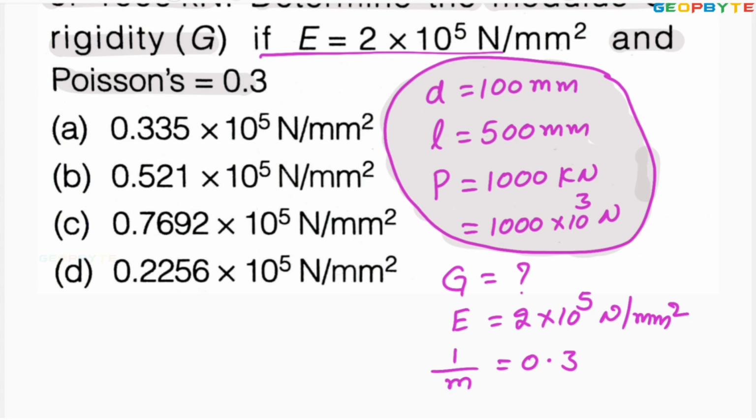Problem solving in strength of material is very similar to how our mummy prepares chicken curry. While she is preparing the chicken curry, she does not take all the things available in the kitchen room. She takes only whatever things are required to prepare the delicious chicken curry.